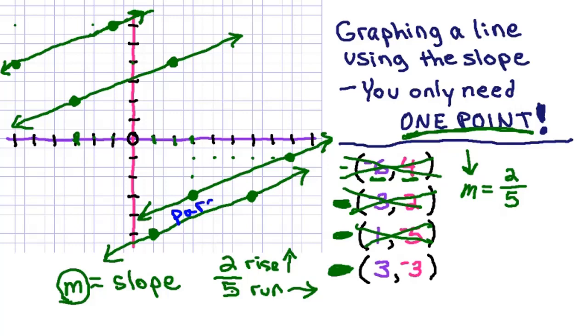So these lines are parallel because they have the same slope. Any lines with the same slope are going to be parallel to each other. They're going to go on forever, and they're never going to meet. And we did all that just from using one slope, m equals 2 over 5.